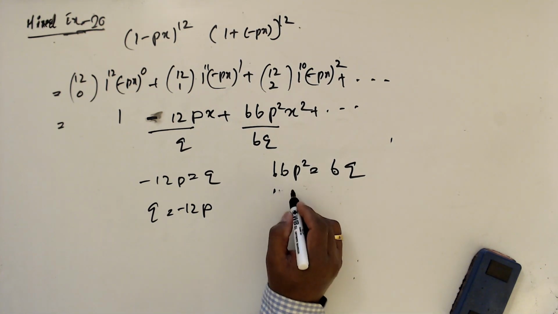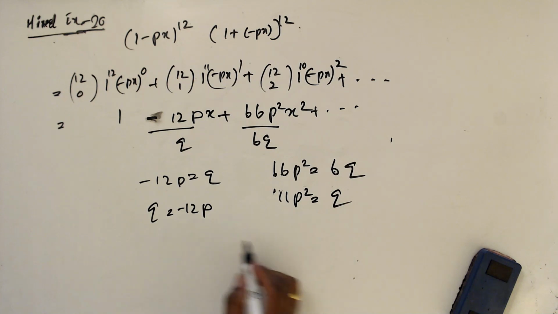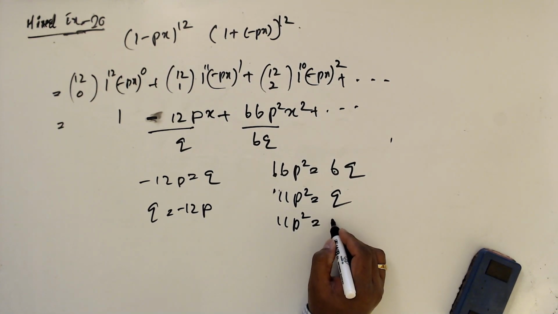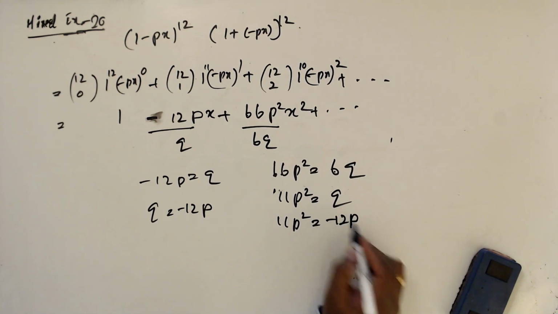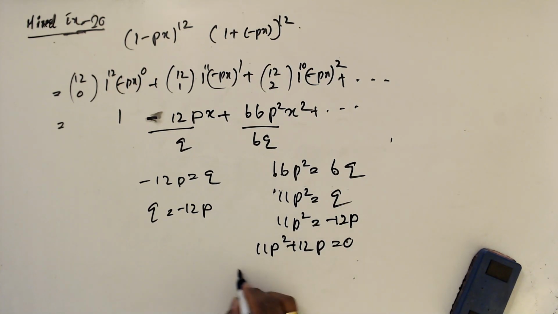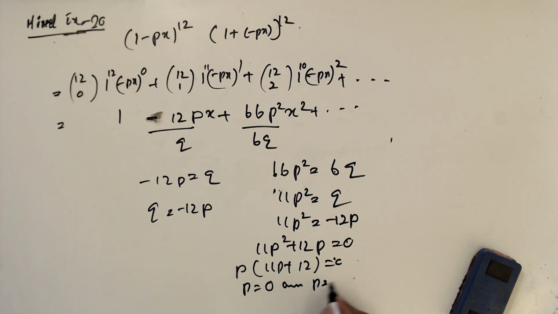So this is going to be 66p square equal 6q. Then 11p square equals q, meaning minus 12p. So then 11p square plus 12p equals 0. Then 11p plus 12 equals 0. p equals 0 or p equals minus 12 over 11.